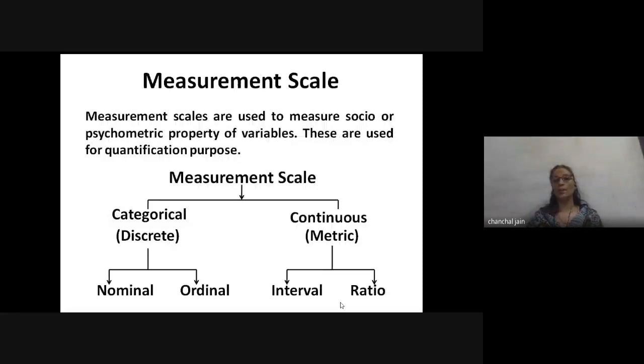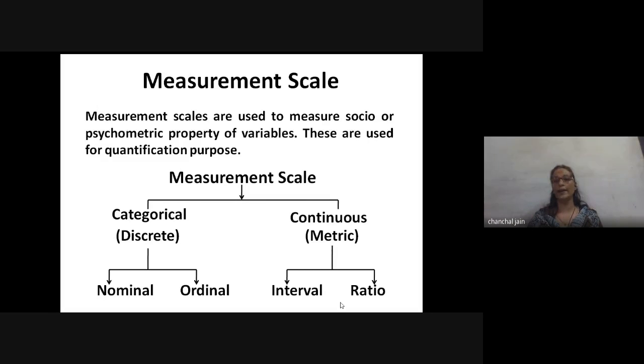Now, the most important thing I would like to let you know about is the measurement scales. Why am I discussing measurement scales here? Because while you define a variable, you must decide what kind of variable it is, whether it is a nominal variable or an ordinal, interval, or ratio scale variable.